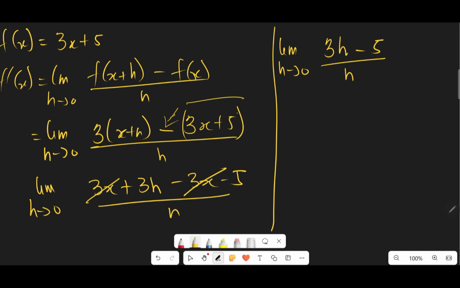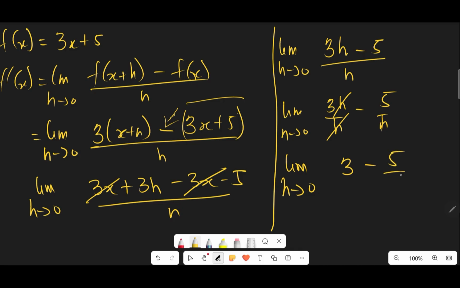We get the limit as h approaches 0 of 3h over h minus 5 over h. Then the h's cancel, so we get the limit as h approaches 0 of 3 minus 5 over h.